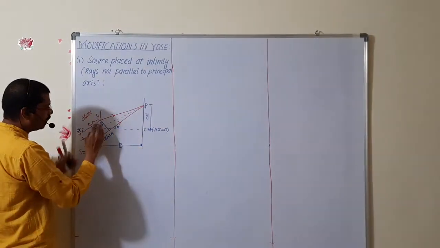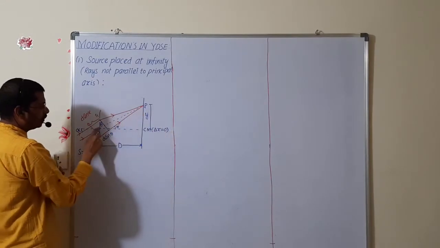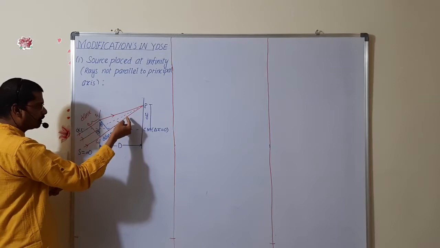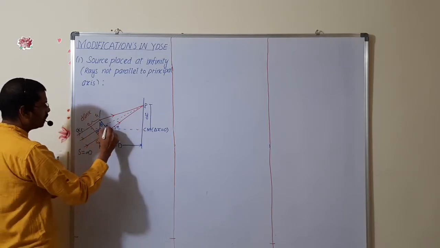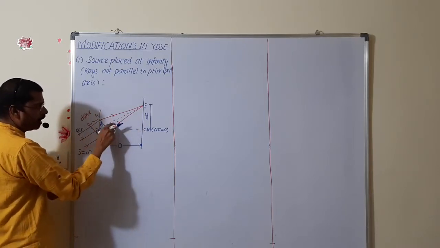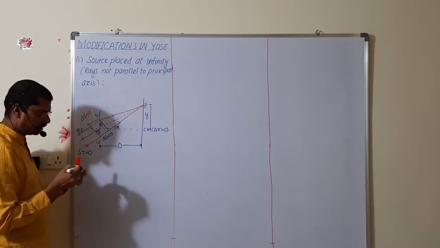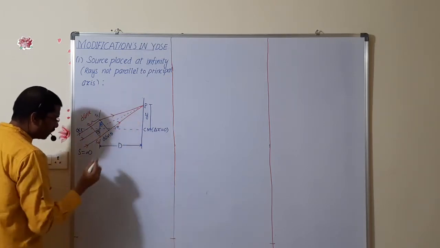Above the principal axis the angle is theta, and below the principal axis the angle is alpha.